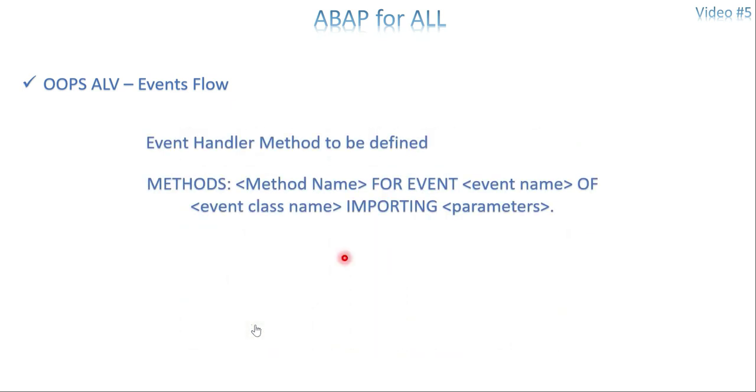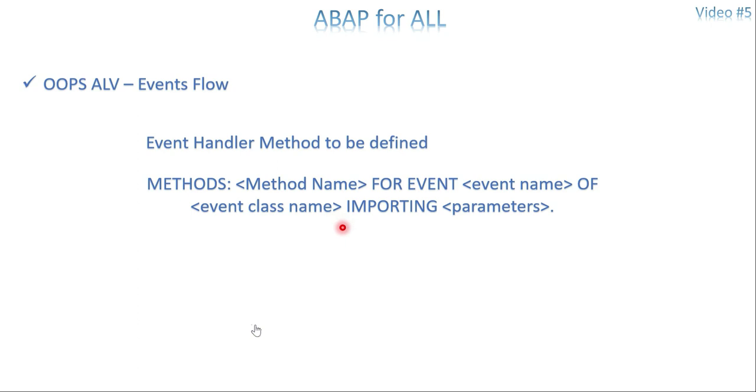And then the syntax now. The event handler method has to be defined. How do we define it? Very simple. METHODS, it comes in a public section. The method name can be anything, then FOR EVENT and the event name. Take double click as an example. So in the whole list I'm going to use double click as an event. So FOR EVENT double_click OF the event class name.